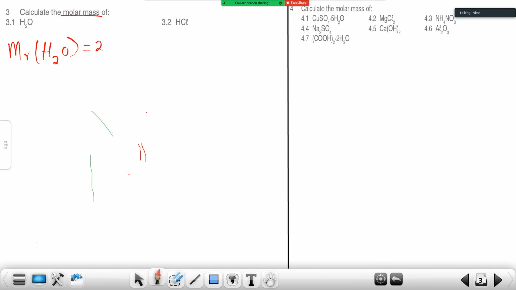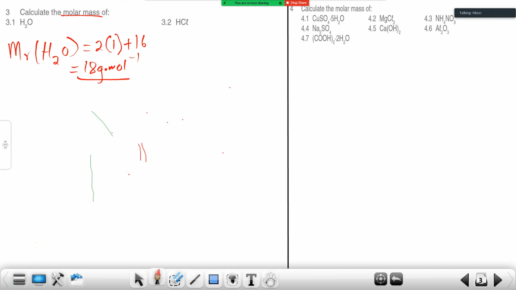I have 2 hydrogen atoms, each bringing 1 gram per mole, plus what is the molar mass of oxygen? The molar mass of oxygen is 16. So the answer here should be 18 grams per mole. So this is the basic way of calculating the molar mass.